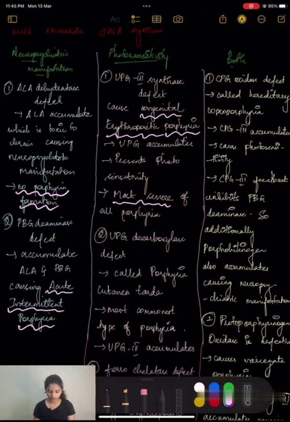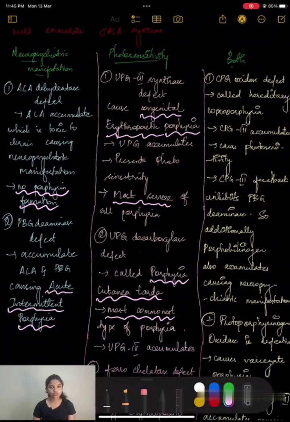Next, the UPG decarboxylase defect, also called porphyria cutanea tarda, is the most common type of porphyria, where UPG3 starts accumulating.